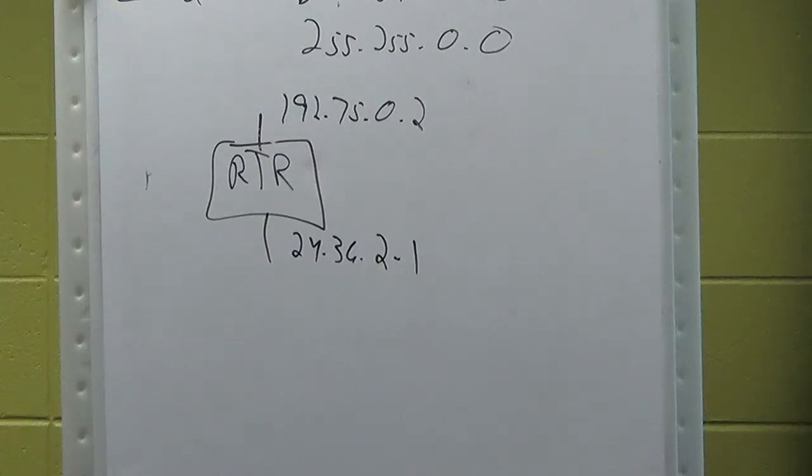Jessica, start me out. Right click on this network interface on this host. Then what? Properties. And let's say I'm configuring that one for Chicago.